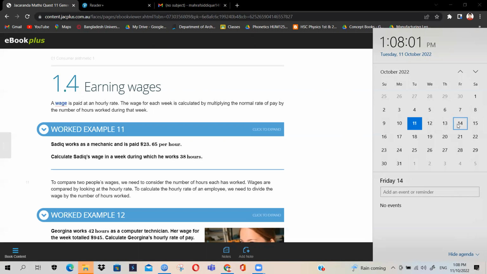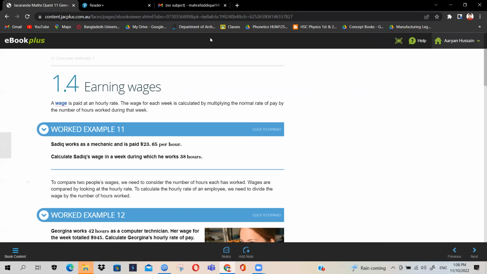We can do it at 14, but in case I have to cancel, I will let you know. It's based on how much syllabus I'm covering in these days. If I am not able to cover much of it, then I might need to cancel it. But before that, 14 is okay with you, right?